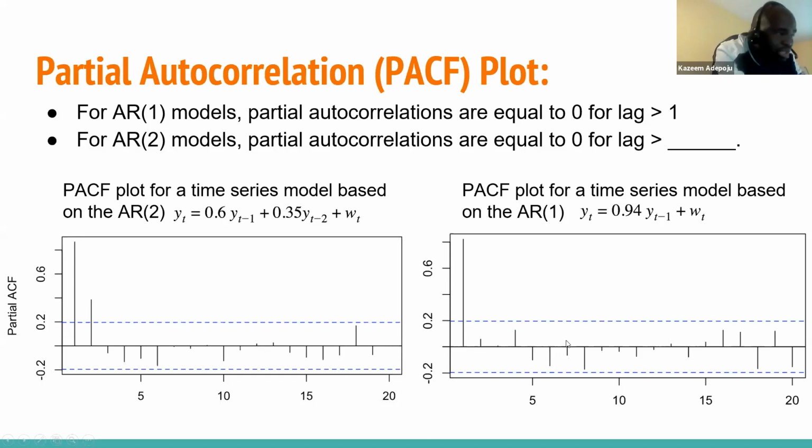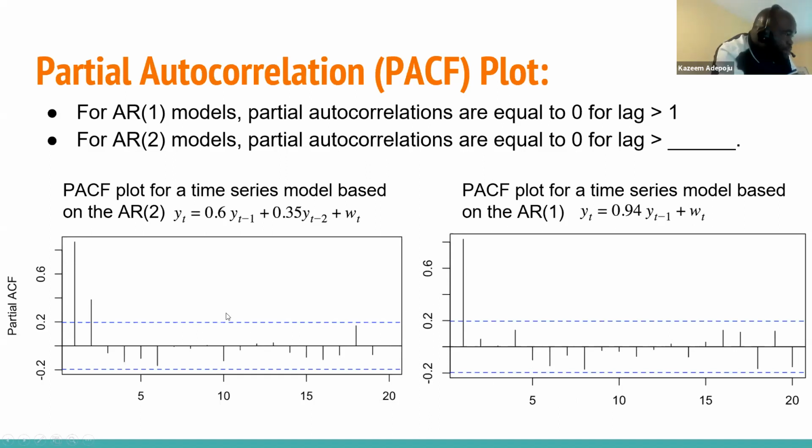I'm able to know that it's AR1 because I know that the autocorrelation at a lag greater than 1 has to be equal to 0. And look at that, at lag 1 it is 0.94, but at any other lag, all the autocorrelation values are within the blue dotted line.